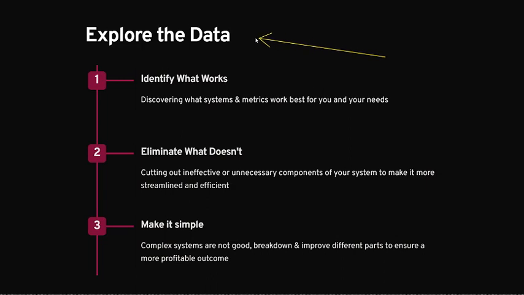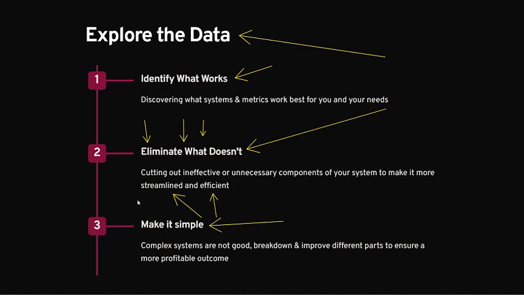Next, what you want to do is explore the data. This is where more refinement takes place. You first want to identify from the statistics you've collected what systems and metrics work best for you and your needs. What statistics have you collected that make the most sense to fit into your plan to provide you with more of an edge in the market? From there, you're going to analyze the data and eliminate what doesn't work, what does not benefit you, what is not needed, and what is overcomplicating your system, because remember, we want it to be streamlined and efficient.